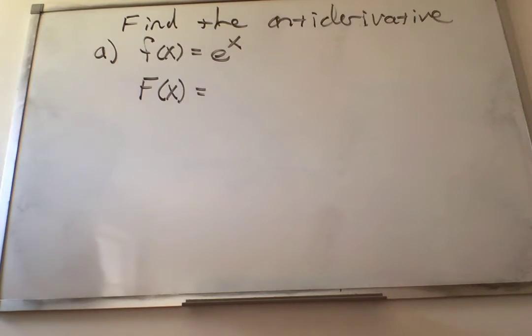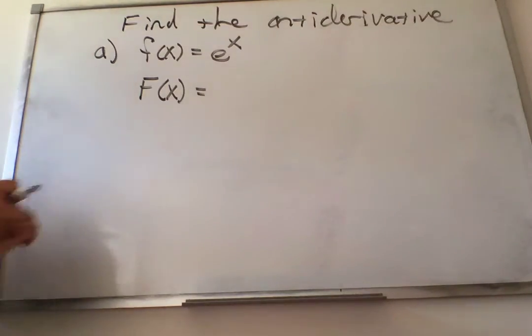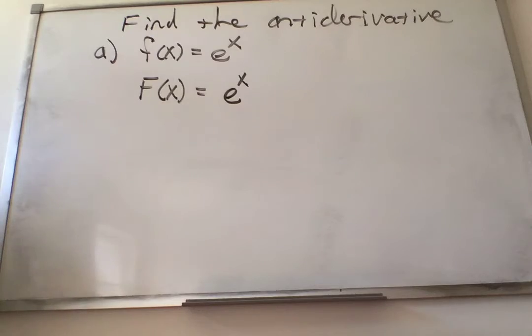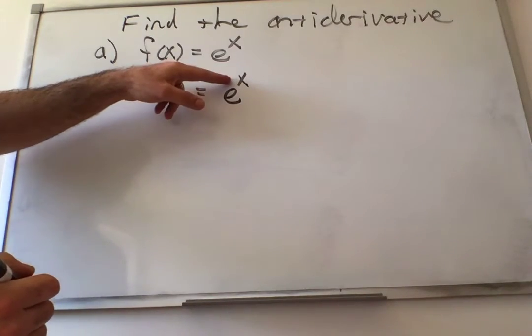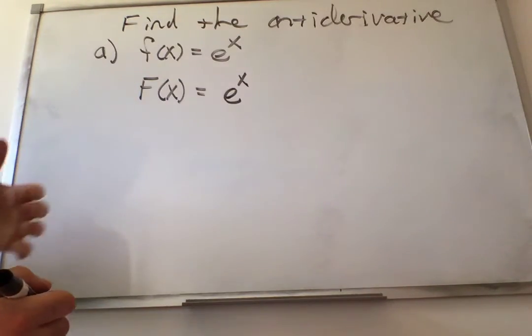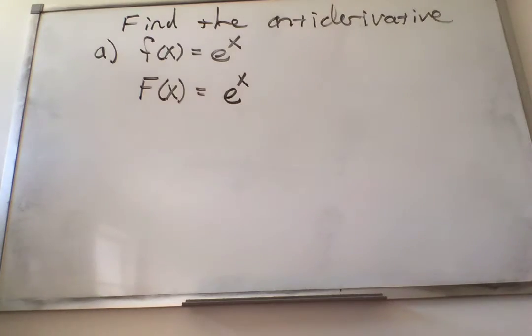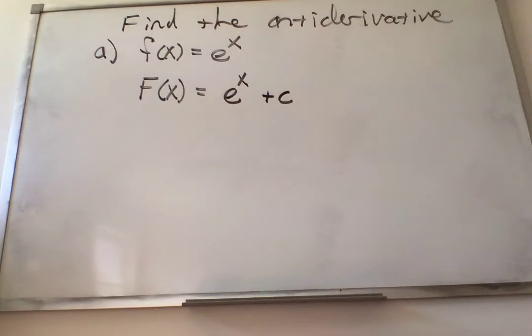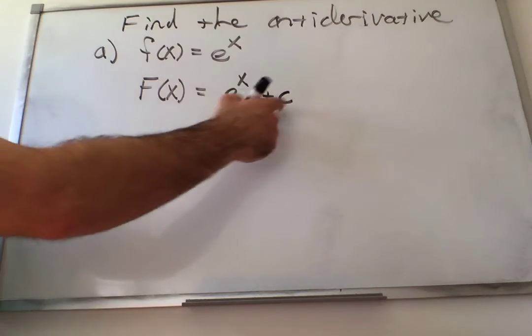This is a very simple one. It's simply e to the x. Now, when you take the derivative of e to the x, you do get e to the x ln e. Ln e is just 1, so it goes away. But don't forget the plus c. Okay? Most general antiderivative, got a plus c.